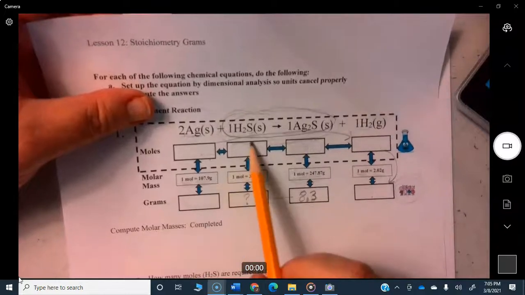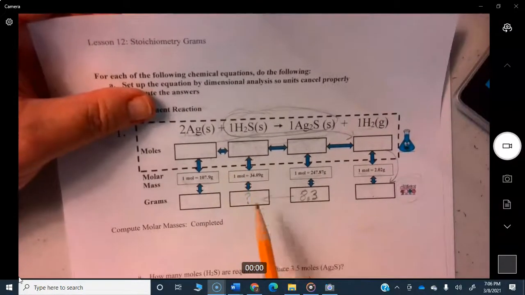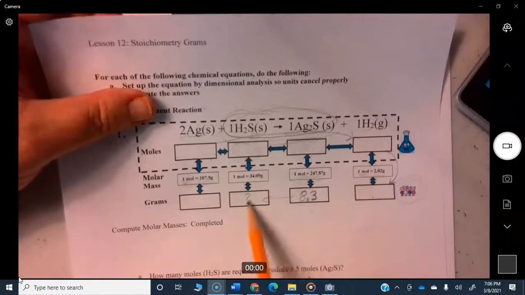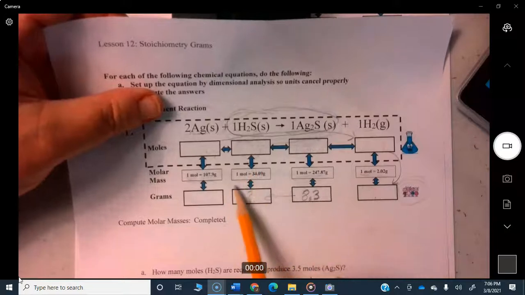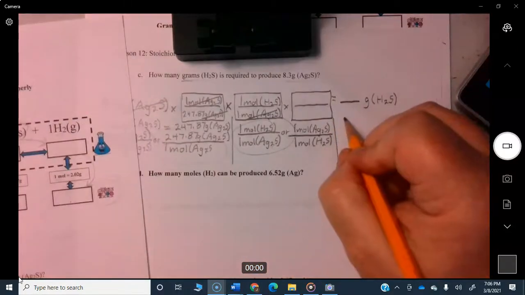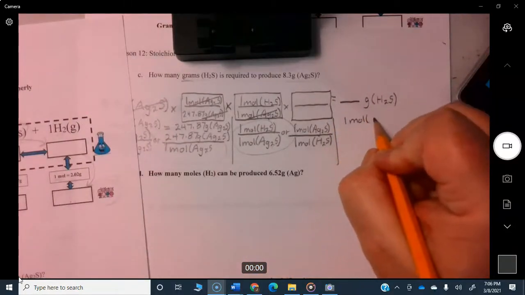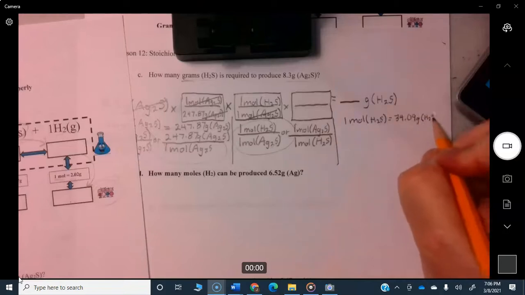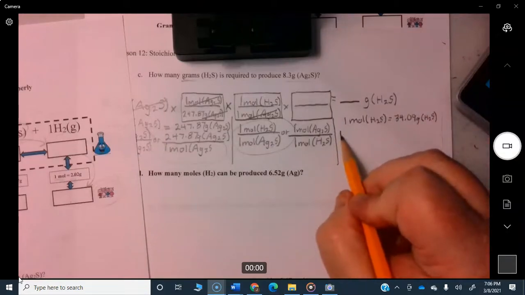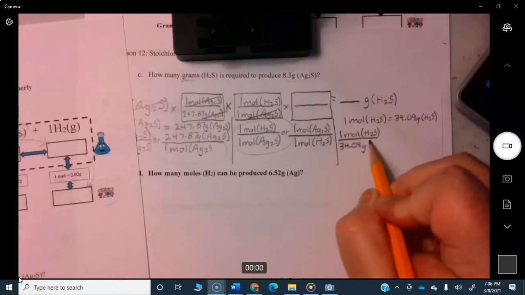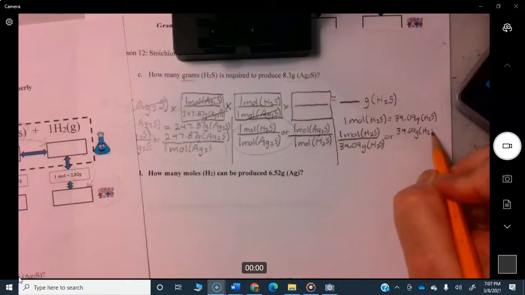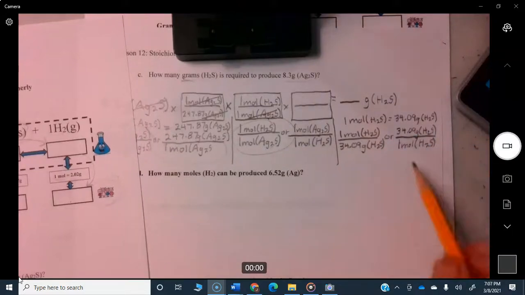Now we're ready for our last conversion to get us from this box out to our final answer down here, and that conversion is the molar mass conversion. I think I can fit the equation up here. Okay, so now we're going to write the ratios. Okay, two ratios. Which one goes there?